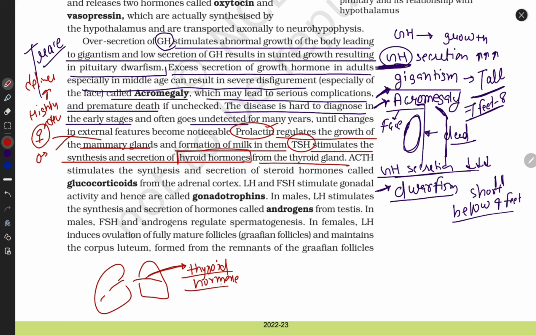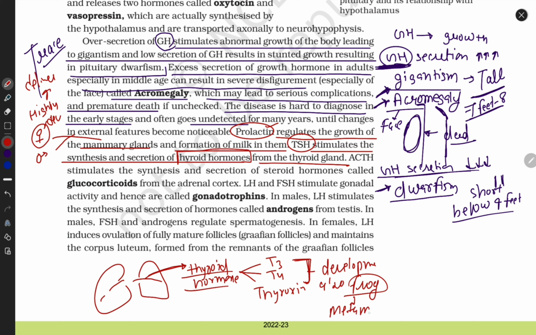This thyroid hormone has multiple names: T3 hormone, T4 hormone, thyroxine hormone. All these types of hormone are required for human development, and also in frogs. Frog metamorphosis. We know about frog development.